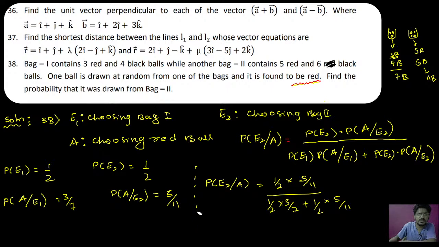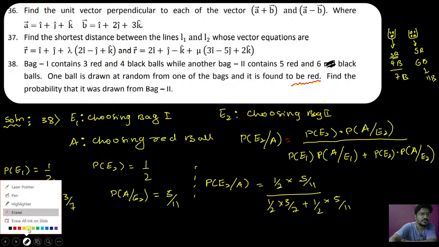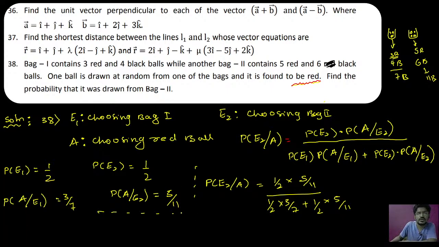So the probability of E2 given A, with 1 by 2 taken common and cancelled, will be 5 by 11 divided by 3 by 7 plus 5 by 11.